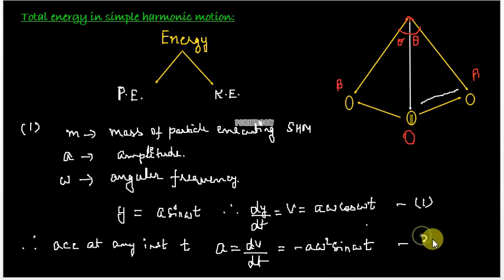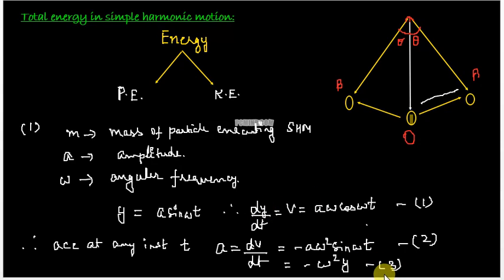That is our acceleration. If we compare it with the first equation, y equals a sine omega t, we can write this as equal to minus omega square y. That is my acceleration. These are important equations, all three are important. We would use them one by one.